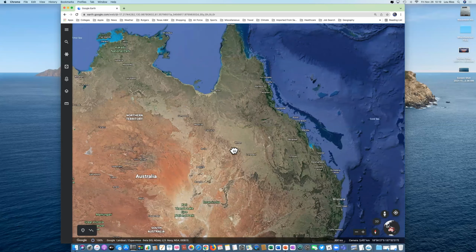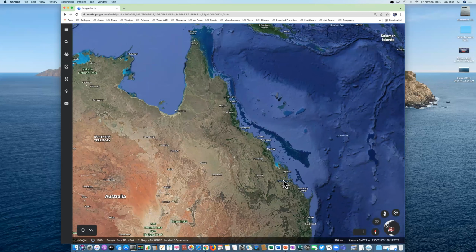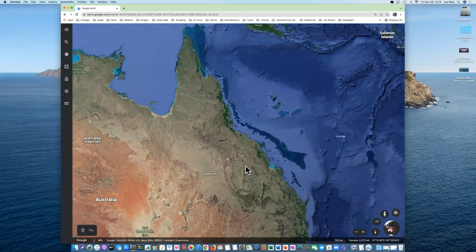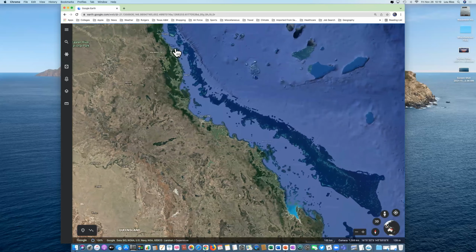You head to the northeast and you get into a more wet climate, given proximity to the ocean. This region is subject to tropical cyclones. You have the city of Cairns. I believe this is Queensland, and here you have the Great Barrier Reef.